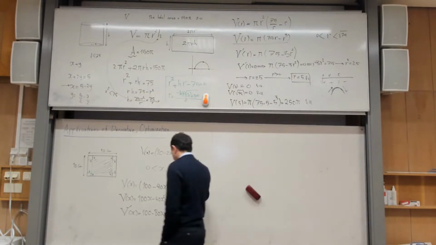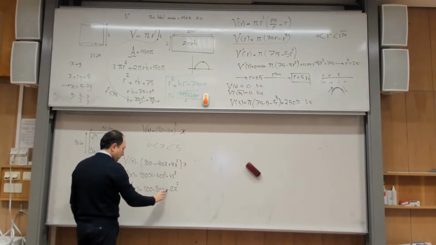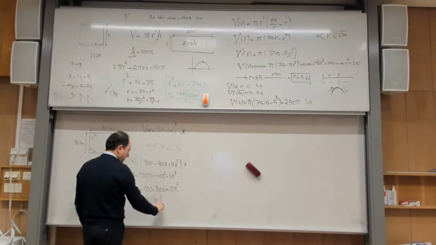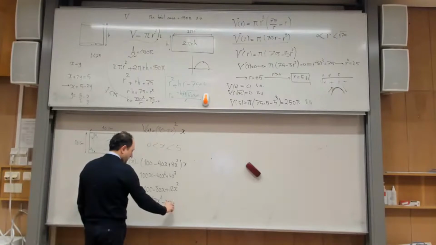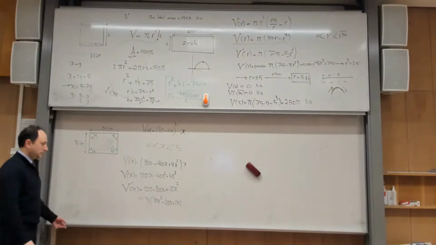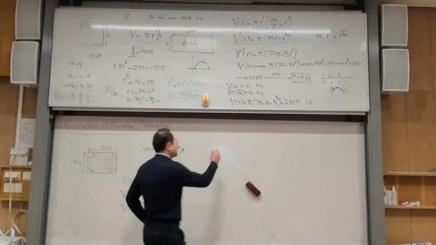If you don't mind, let me factor some numbers out to make it simpler for the future. Everyone is divisible by 4. So if I take 4 out, it becomes 3x squared, minus 20x, and then 25. And actually, these are really not bad numbers. Anyway, so v prime of x equals 0.